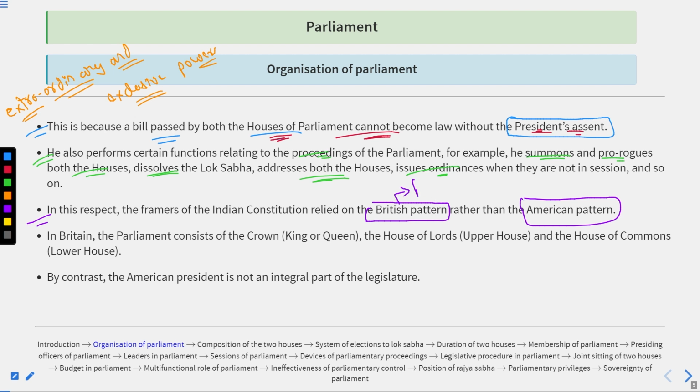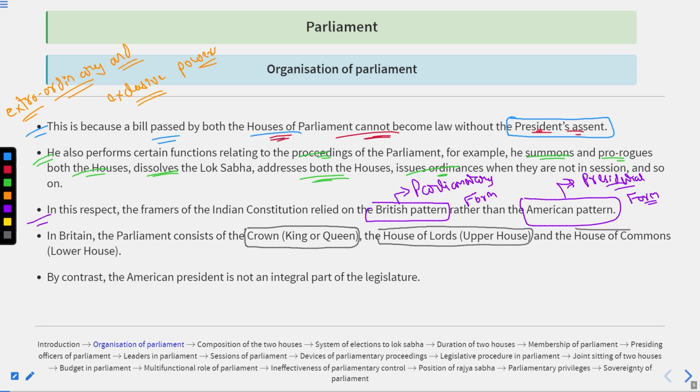Because the British pattern provides for the parliamentary form, while the American pattern provides for the presidential form. In Britain there is a parliament that consists of the crown, who is the king or queen, the House of Lords, the upper house, and the House of Commons, the lower house.